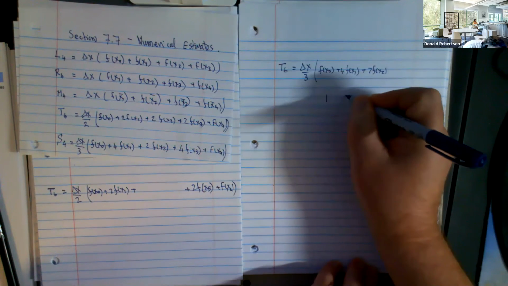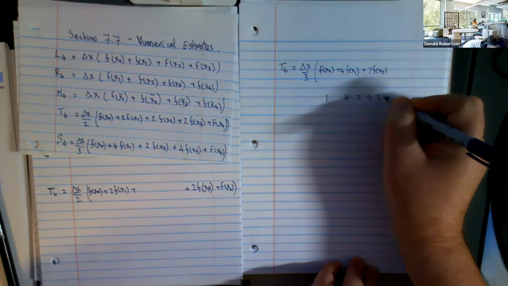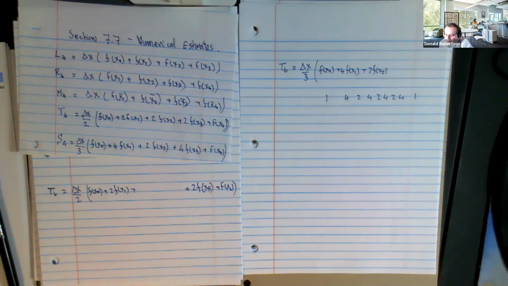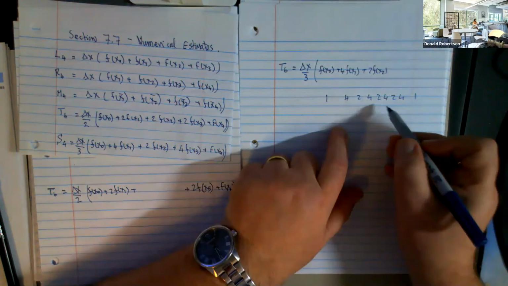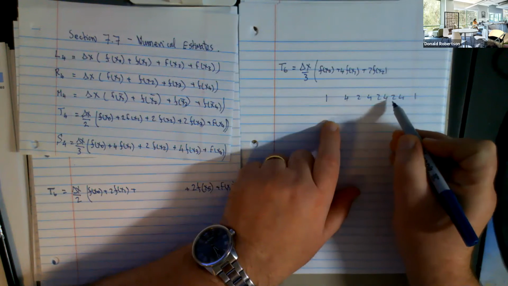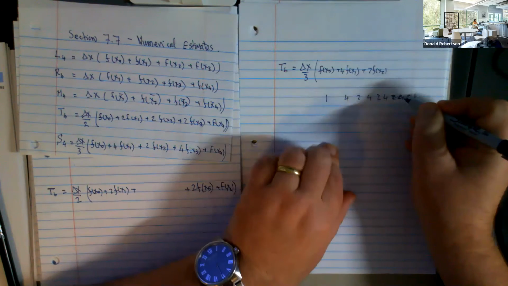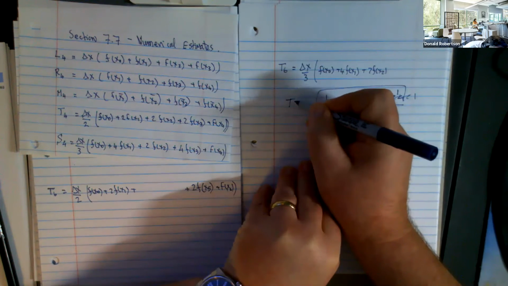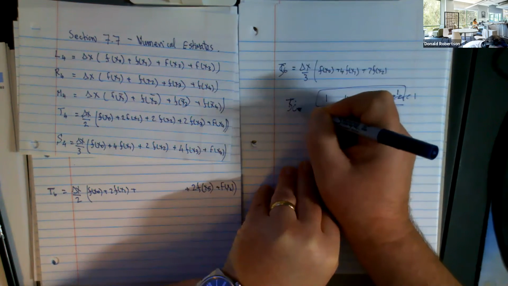And basically just go 1, 4, 2, 4, 2, 4, 2, 4, finish with a 1. So just keep doing 1, 2, 4s, 2, 4s, 2, 4s until you get to the second last one and finish with a 1. So this one is actually 1, 2, 3, 4, 5, 6, oops, 7. So it would be that one. That's what S6 would be.